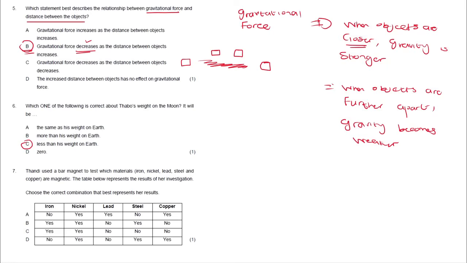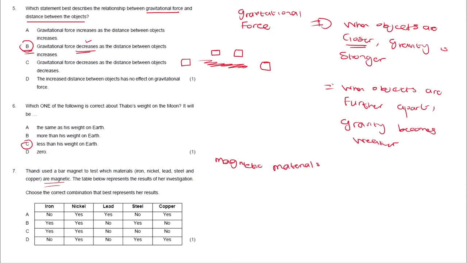And we are told that the table below represents the results of her investigations. So guys, to answer this question, we need to understand the different types of magnetic materials, right?